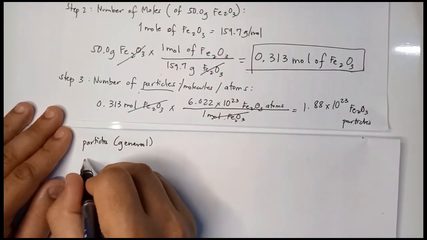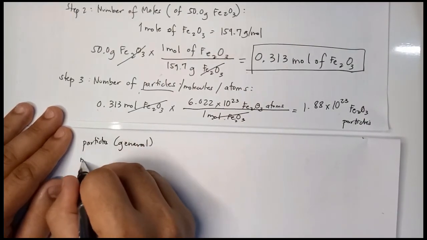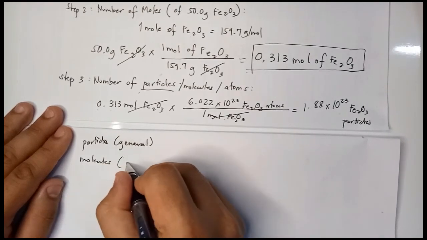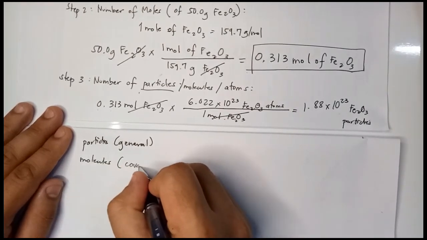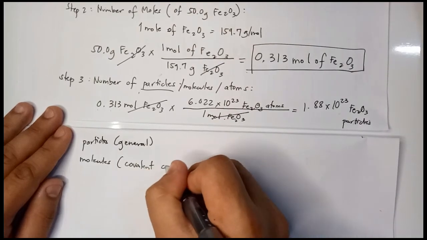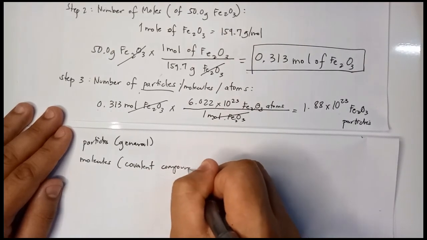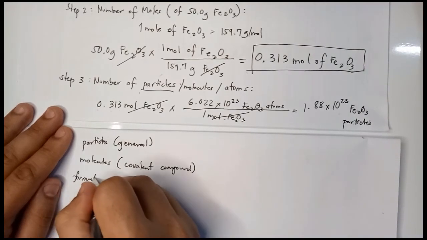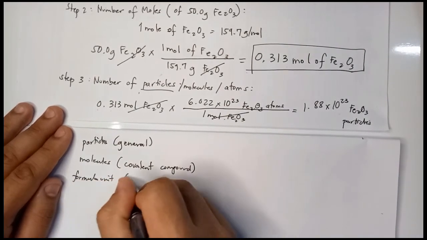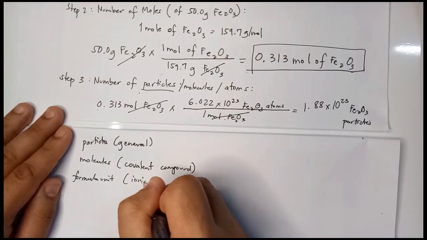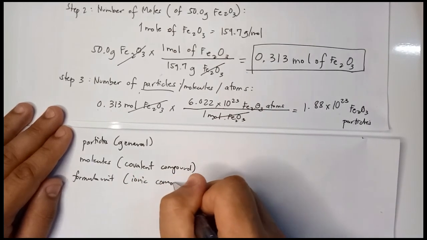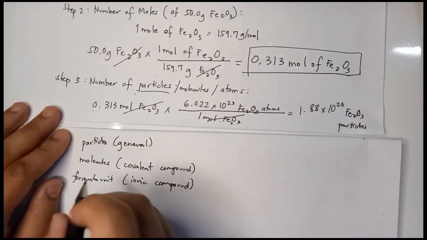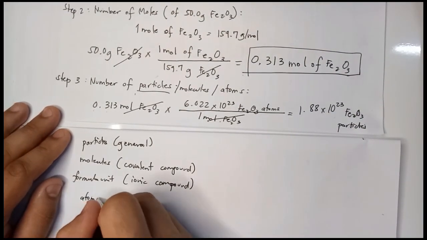Pwede tayong gumamit ng molecules kapag covalent compound ang isang compound, at formula units naman kapag ionic compound. At pwede din tayong gumamit ng atoms as unit.